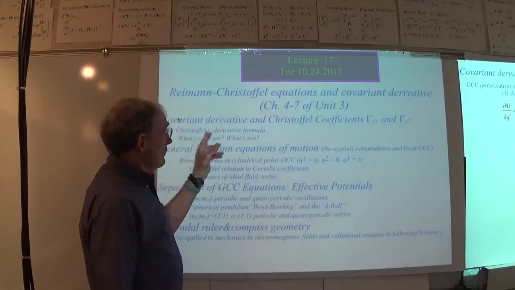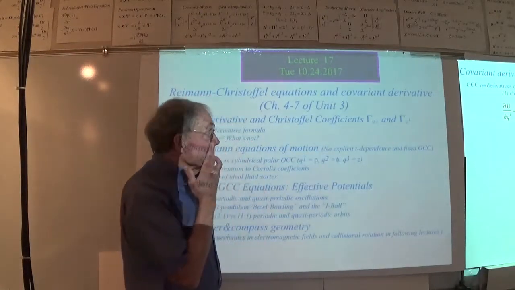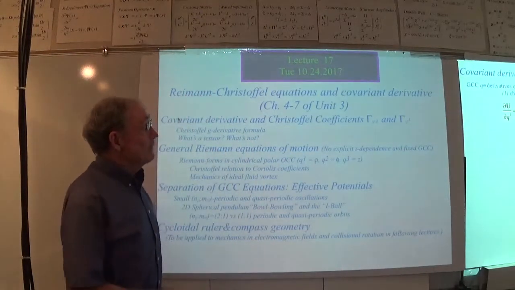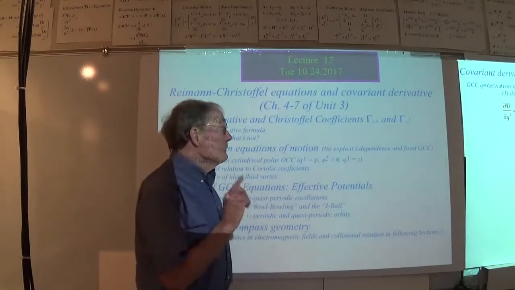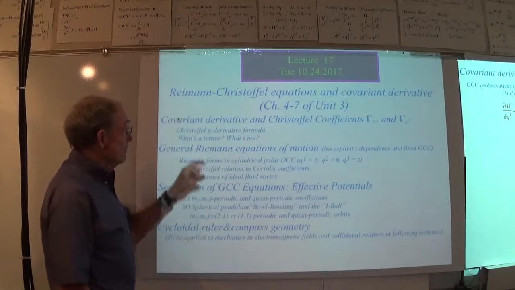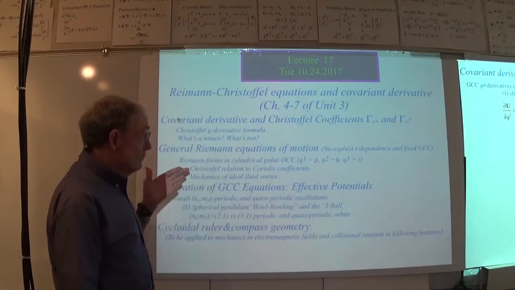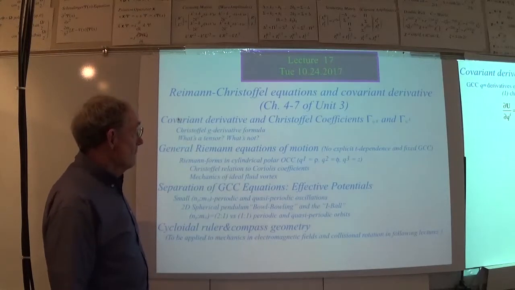One of the pitfalls is to think of something that has three indices as a third rank tensor. Christoffel coefficients have three indices, but as we're going to see, they are not tensors. So we have to discuss what's a tensor and what's not before we go too far with this development.